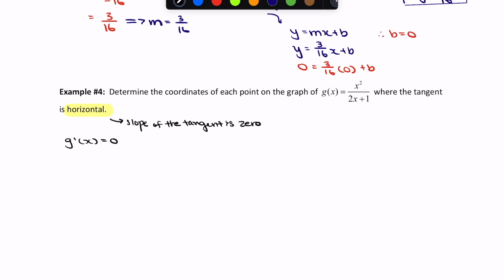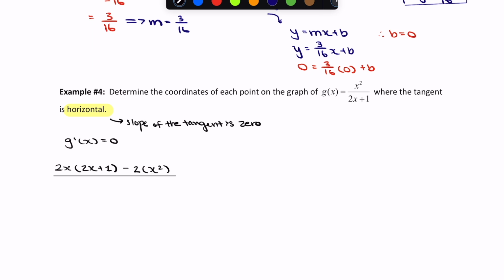So here, if we derive this, g prime of x, which is 2x, times 2x plus 1, minus the derivative of 2x plus 1, which is just 2, times x squared.